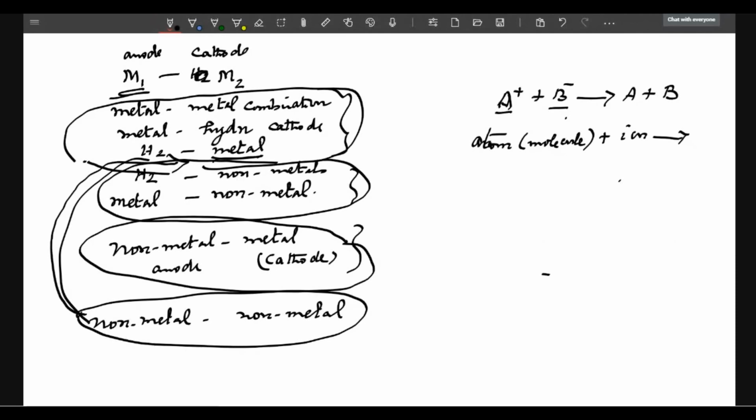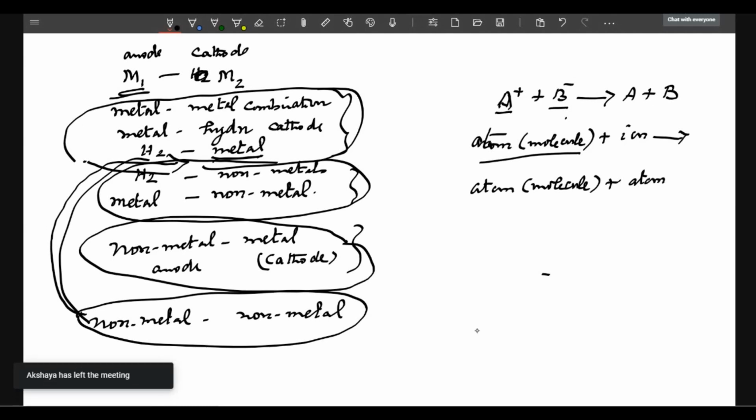Another combination has a neutral and an ion present: on the reactant side, a neutral atom or neutral molecule, plus one ion. And another combination has a neutral atom or molecule plus another reactant which would definitely also be neutral.